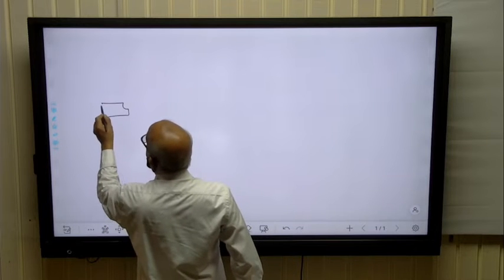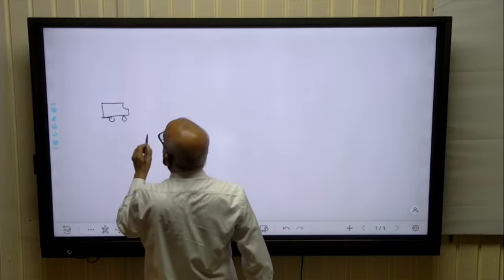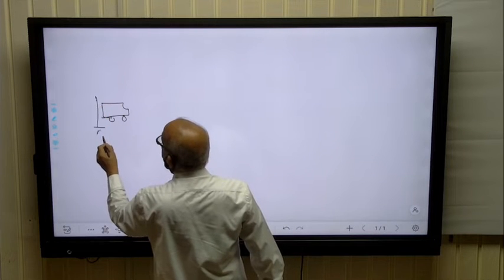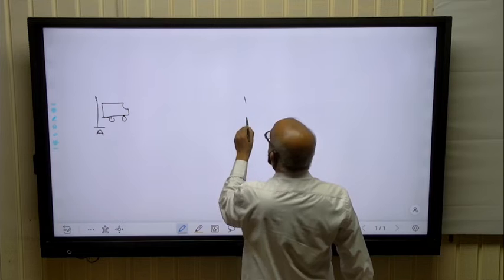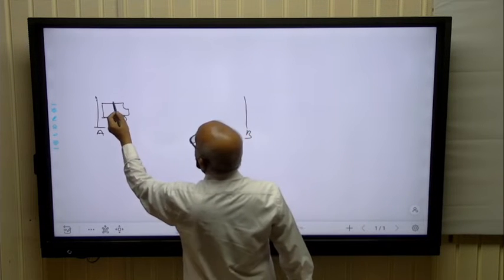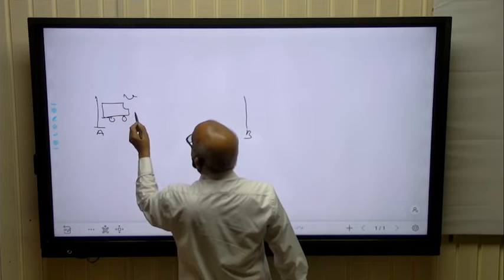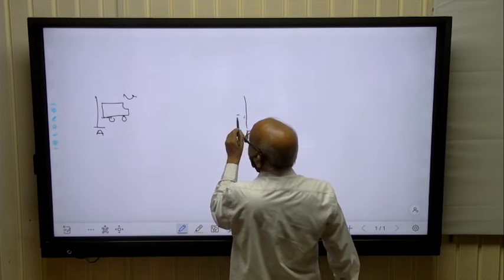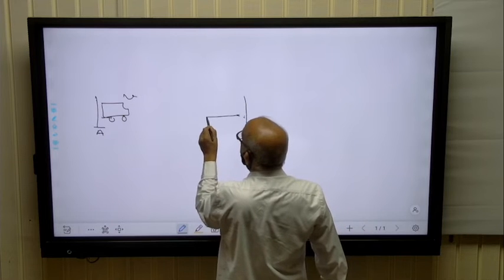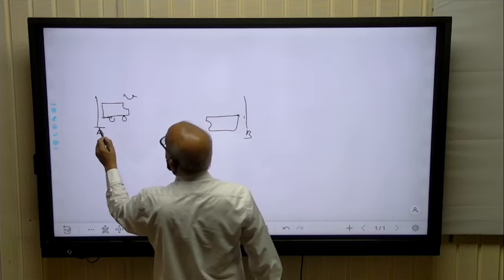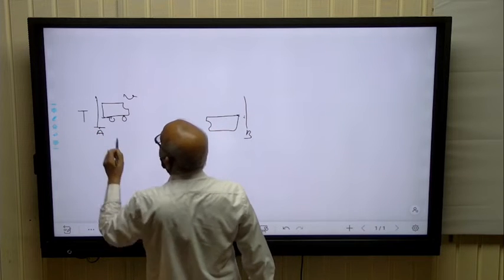Suppose this is a toy and it starts from point A and goes to point B with constant speed, and after reaching here it returns back, and after reaching here it takes time t.